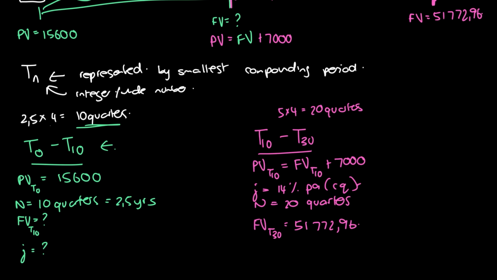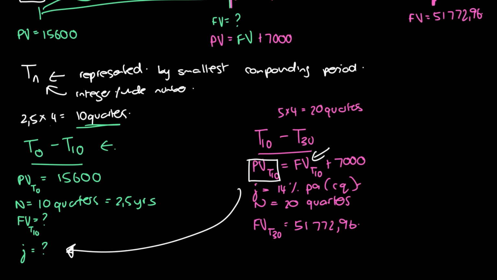What we don't have, and what we're going to look for, is the present value at T10 so that we can solve for the future value at T10, so we can use it in part 1 to work out our normal interest rate there. In regards to this, we have J, we have N, we have the future value.